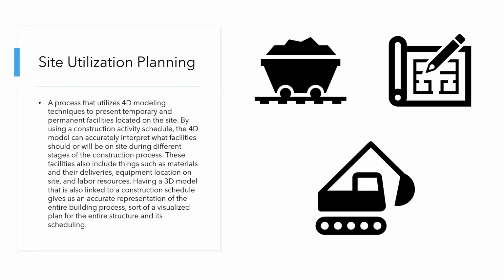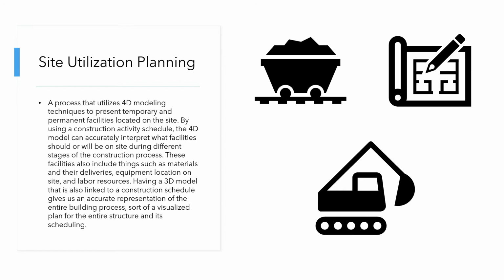Site utilization planning, a process that utilizes 4D modeling techniques to present temporary and permanent facilities located on the site. By using a construction activity schedule, the 4D model can accurately interpret what facilities should or will be on site during different stages of the construction process.